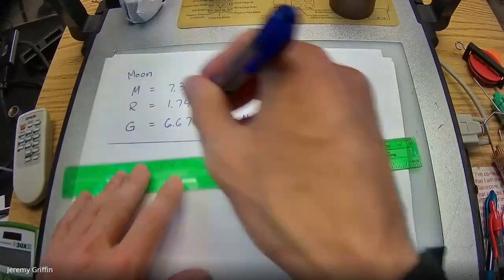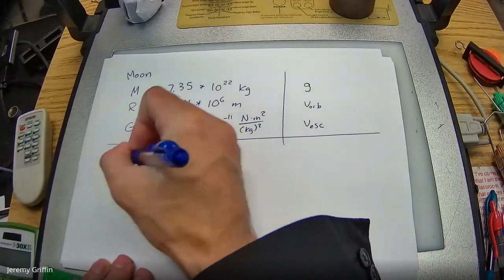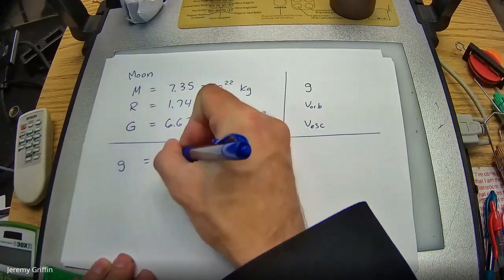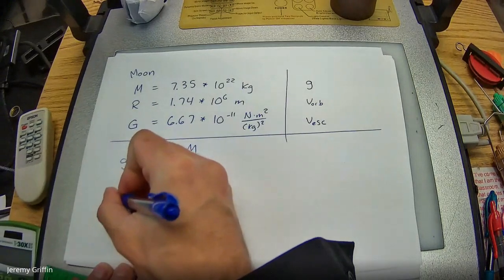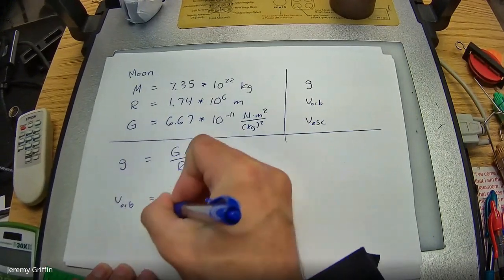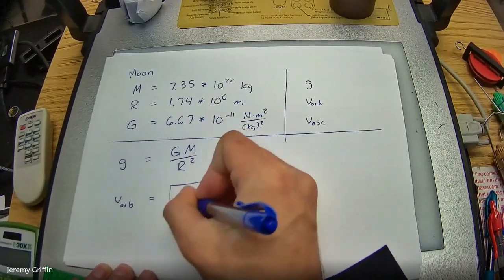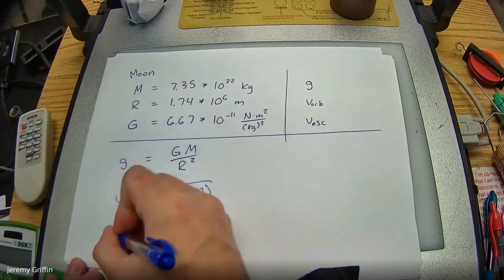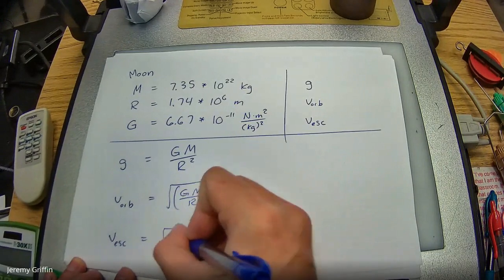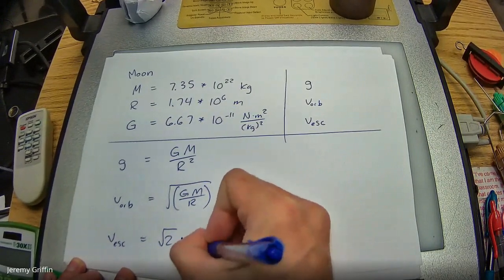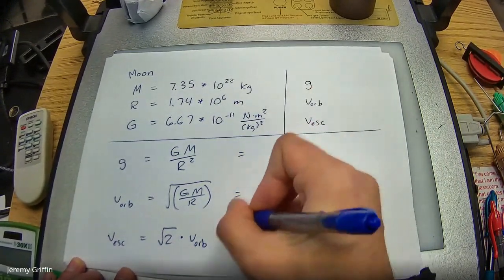Okay. I'll just write the formulas that you guys already know here. The orbital, and the escape, which is, ooh, I'm gonna use a fancy version of this. You say square root of 2 times v orb. How about that? It's kind of what we did before anyway.